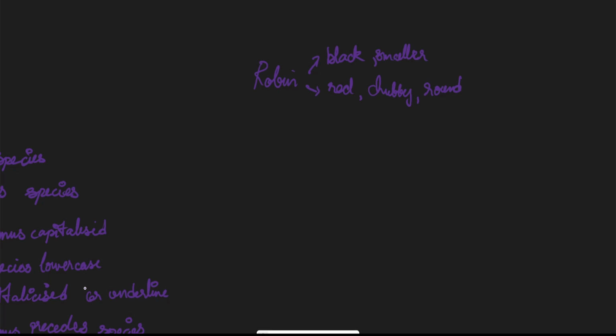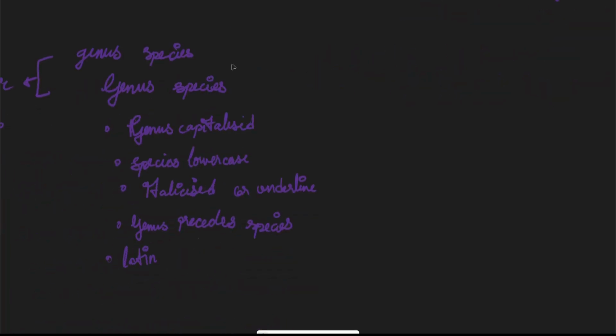So they usually do DNA sequencing and look at the closest match. Another tip is that the species name is often descriptive, especially if it is not named after a scientist.